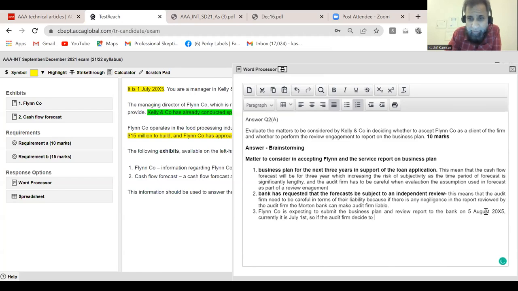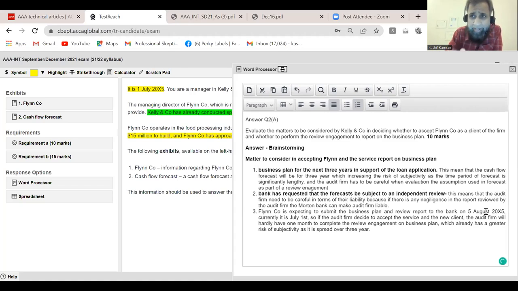So if the audit firm decides to accept the service and the new client, the audit firm will hardly have 1 month to complete the review engagement on the business plan, which already has a greater risk of subjectivity, as it is spread over 3 years.